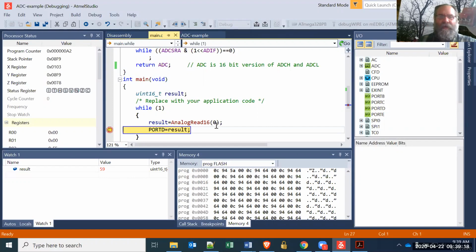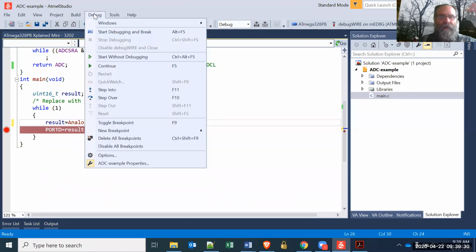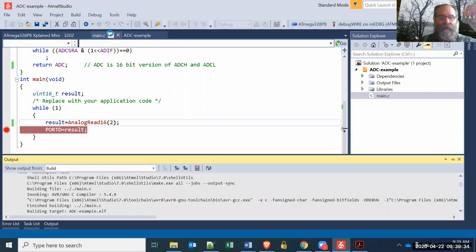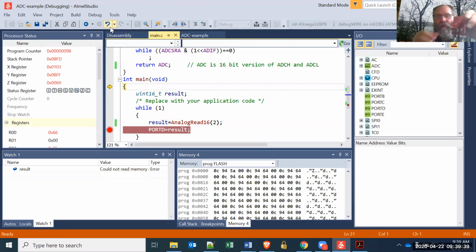If I were to change this, let's say stop debugging, just to make sure, let's change this to a 2 and run this again. Start debugging and break. At the moment, let's see the leftmost pot. Let's turn the leftmost pot all the way up.